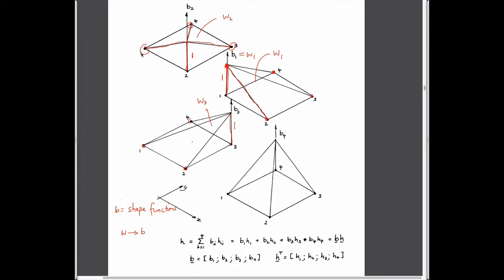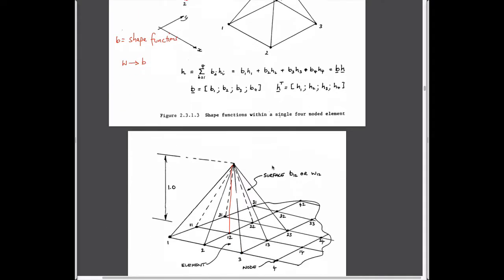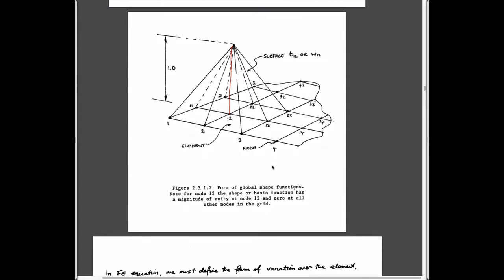This is one element that has nodes 1, 2, 3, and 4, in which case it individually has a shape function b1, b2, b3, and b4, all in that same element. Or you could also think it perhaps better in this particular system. Think about it as a whole series of checkerboard of these elements that are laid out, and you're interested in what the shape functions are around this node 12.